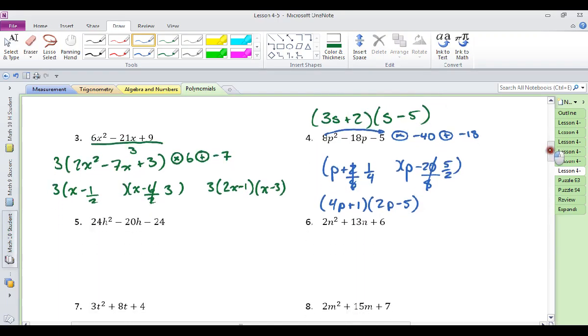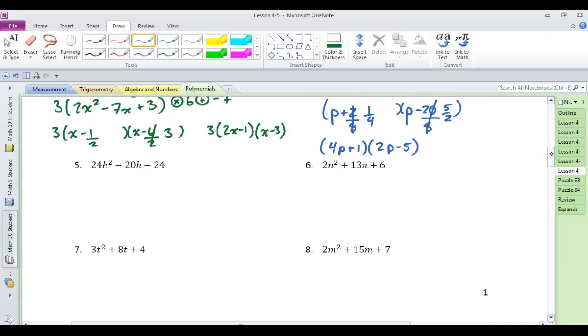Okay. Now, I'm going to remind you with number 5 to double check. Can I make that smaller? Yes, I can. What divides into all of that? 4.